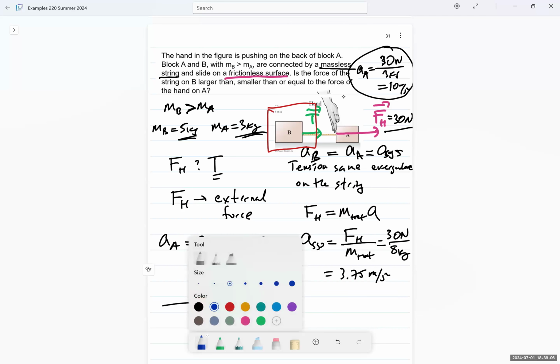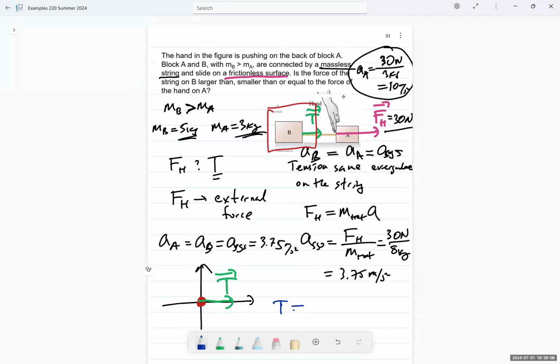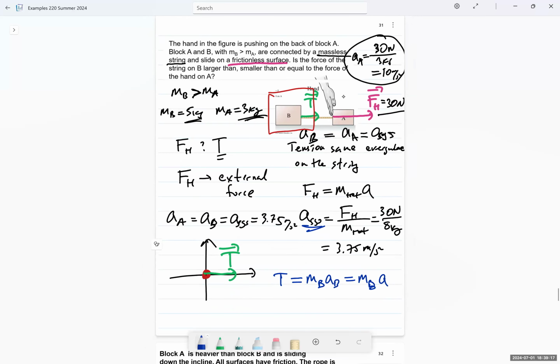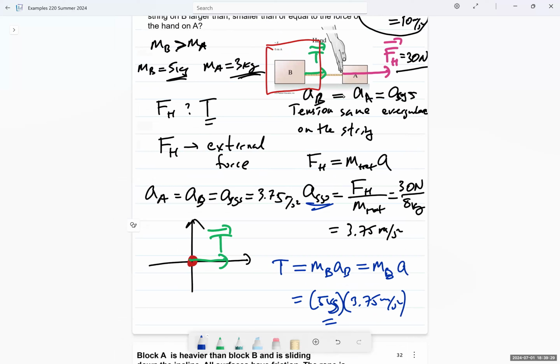So I can calculate tension as M_B times A, because it's the system acceleration. The 5 kilogram mass has the same acceleration as the system, 3.75 meters per second squared. Then the tension is roughly 19 newtons.